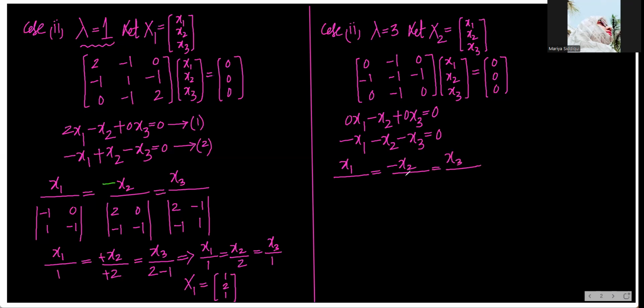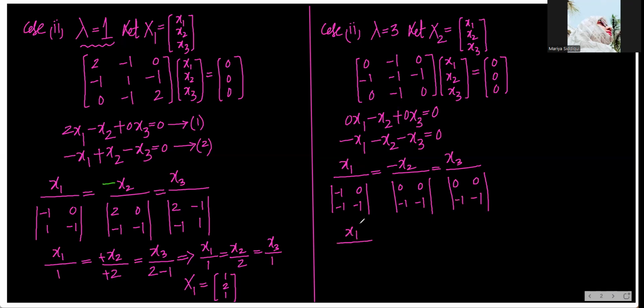Oh sorry, only the second is minus. So for x1 we are neglecting: minus 1, 0, minus 1, minus. For x2 we are neglecting: 0, 0, minus 1, minus. For x3 we are neglecting: 0. Don't write minus 0, okay? 0, 0, minus 1, minus.